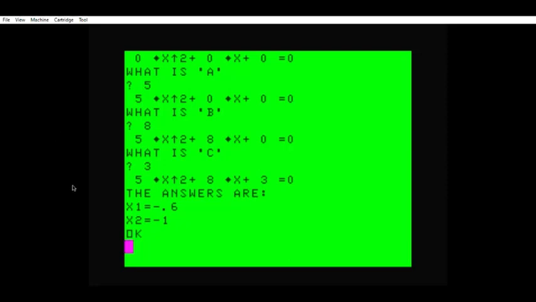And these are the correct answers, but it's not gonna give you a fraction here. 0.6 is a division, is a fraction. I can't remember what it is, but it'll give you the decimal form of the fraction, so this is correct.